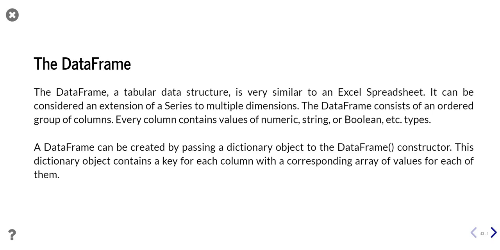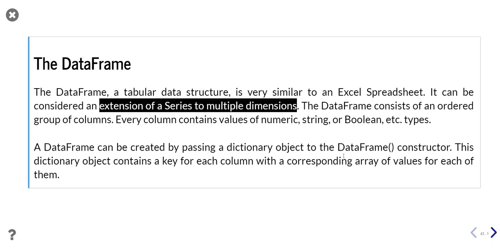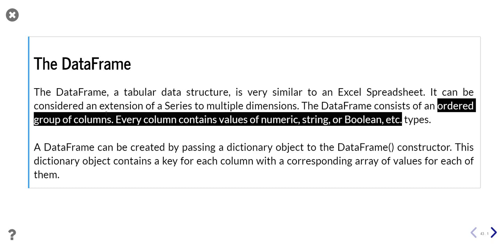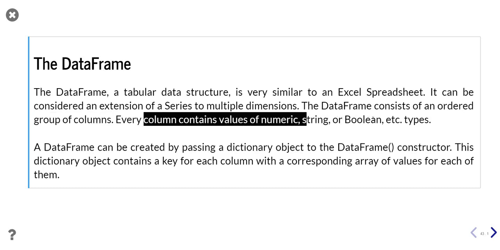So it's more than one dimension. It is an extension of a series with multiple dimensions. It has an ordered group of columns, and every column may contain numeric, string, boolean values, etc.